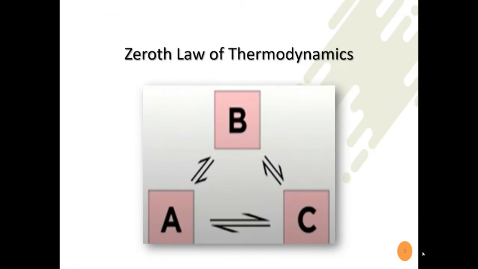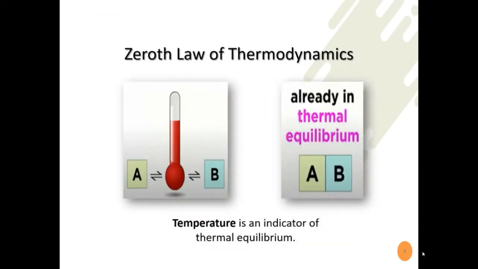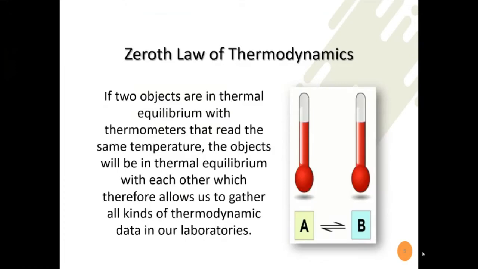So tulad na nakikita nyo, temperature is an indicator of thermal equilibrium. So if two objects are in thermal equilibrium with thermometers that read the same temperature, the objects will be in thermal equilibrium with each other, which therefore allows us to gather all kinds of thermodynamic data in our laboratory.